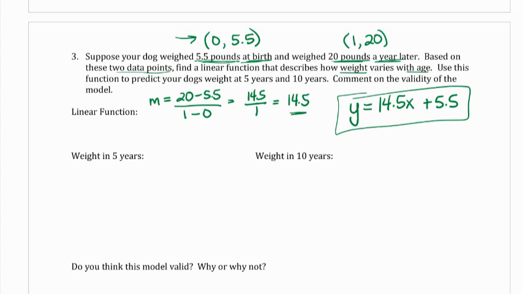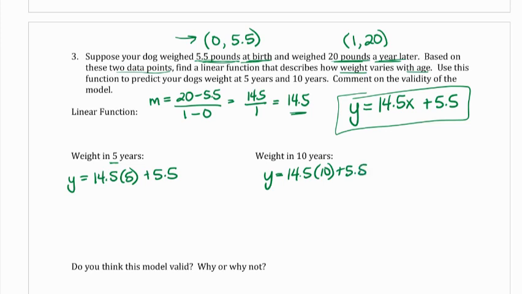If I then want to find the weight of the dog in 5 years, my years is the x variable, so I'm going to do y equals 14.5 times 5 plus 5.5. And my weight in 10 years, I'm going to set that one up too. I'm just going to plug in 10, right? 14.5 times 10 plus 5.5.